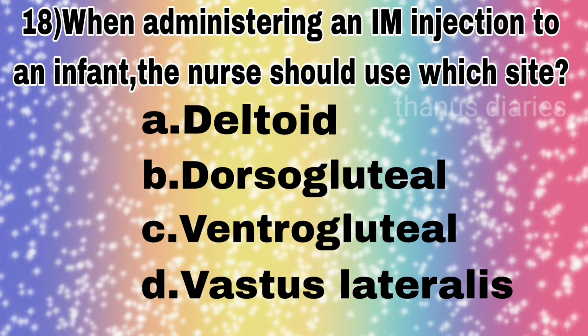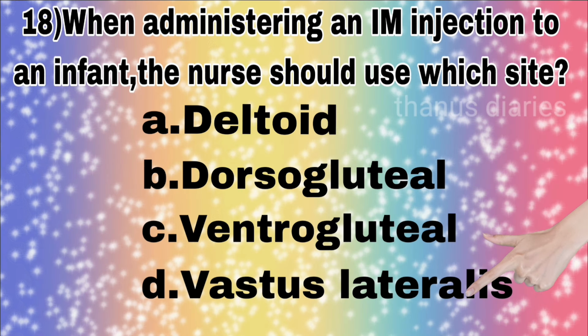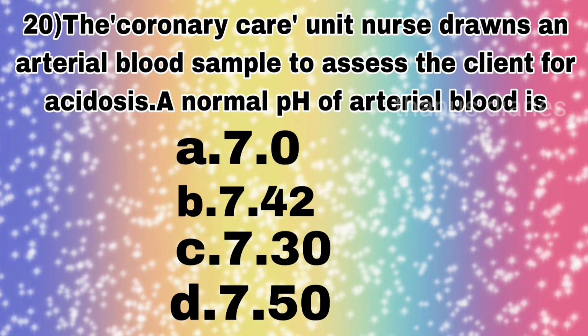Next question. When administering an IM injection to an infant, the nurse should use which site? Deltoid, dorsogluteal, ventrogluteal, vastus lateralis. Should use vastus lateralis. Next question. The coronary care unit nurse draws an arterial blood sample to assess the client for acidosis.